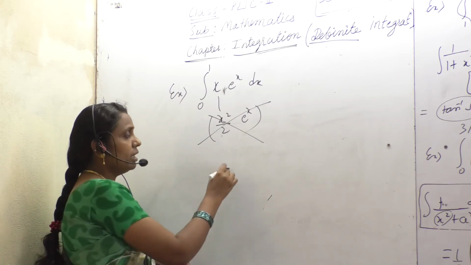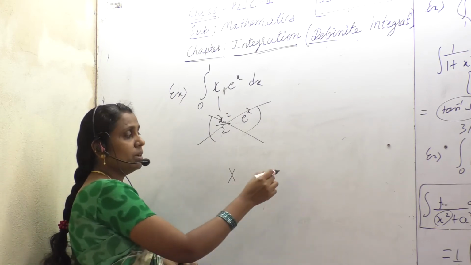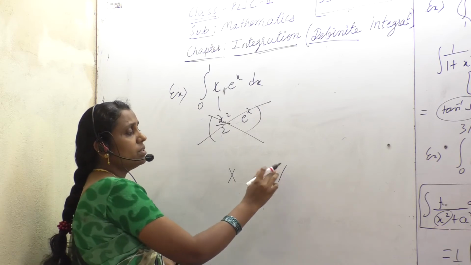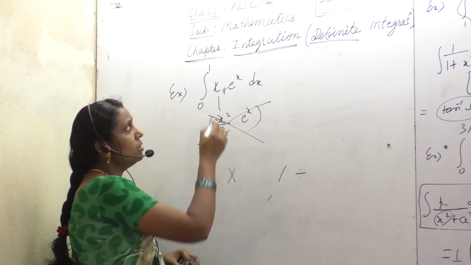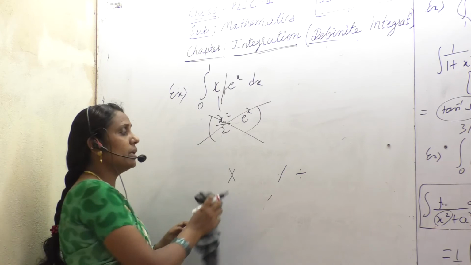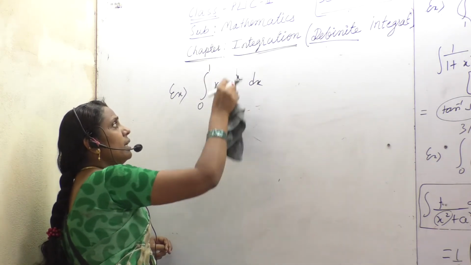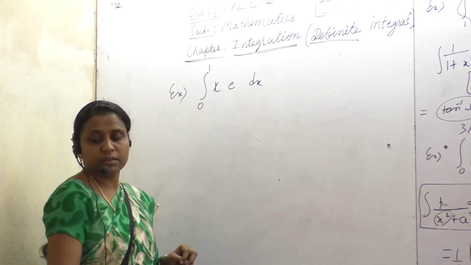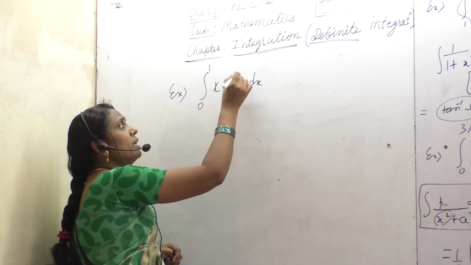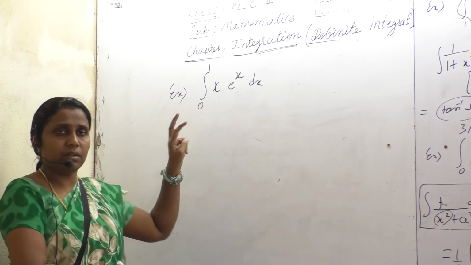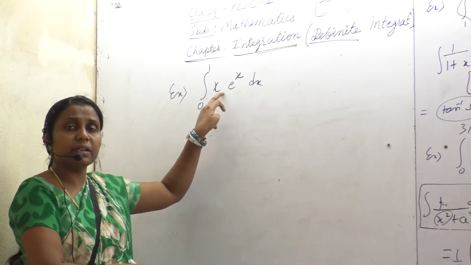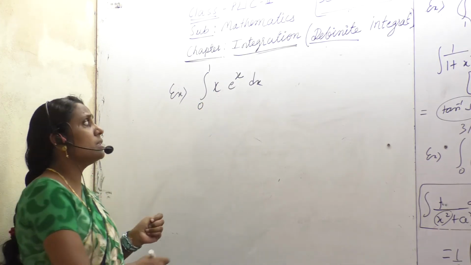So you should be very careful whenever you are given a function with the multiplication sign or division. Division means like this, x by e raised to x. You cannot separate the terms and integrate, you have to understand that. If the function in between is multiplication or division, then which rule is applicable?